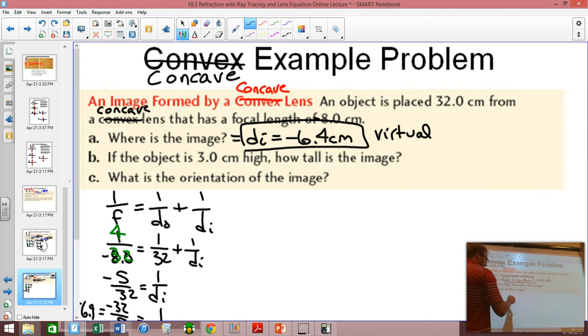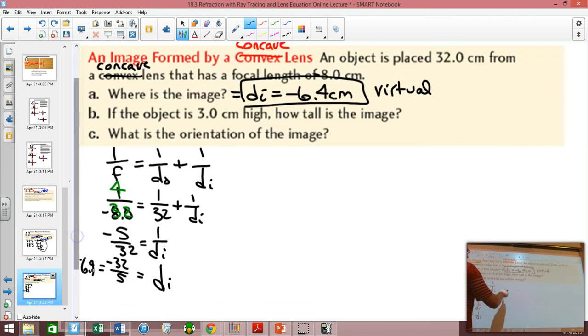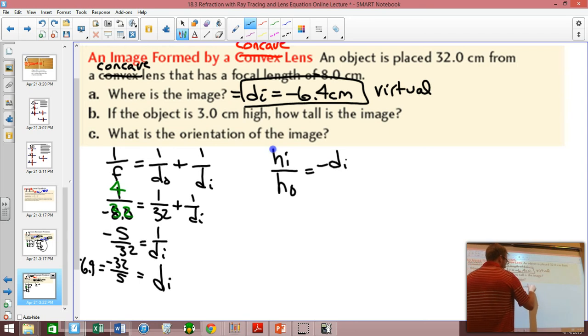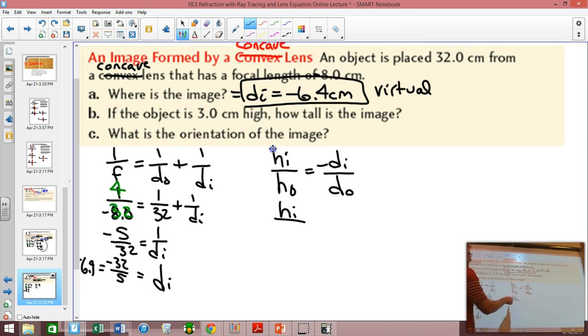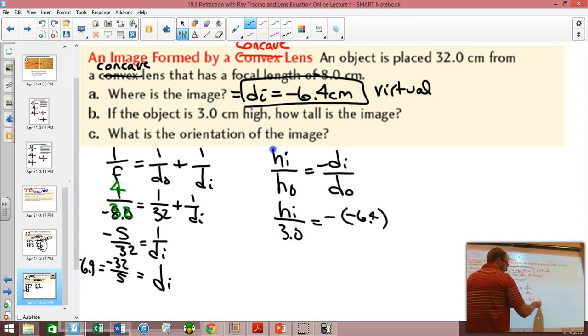How tall is this thing? hi over ho equals -di over do. Height of my image, unknown. Height of my object, 3. Negative distance to my image, negative 6.4, over the distance to my object, which was 32.